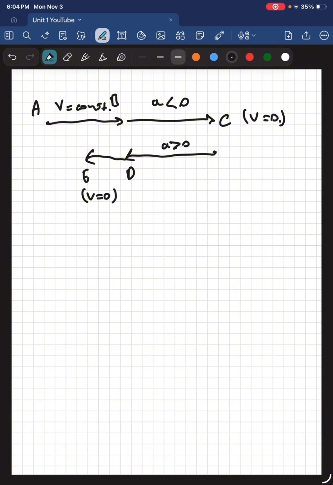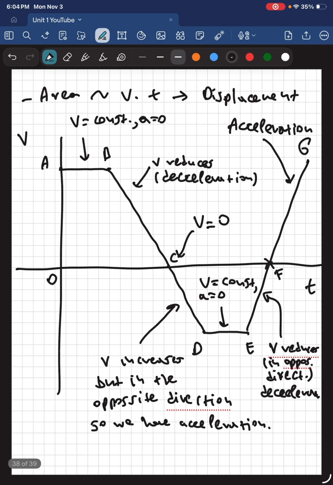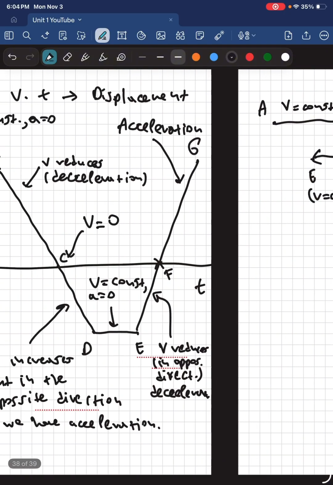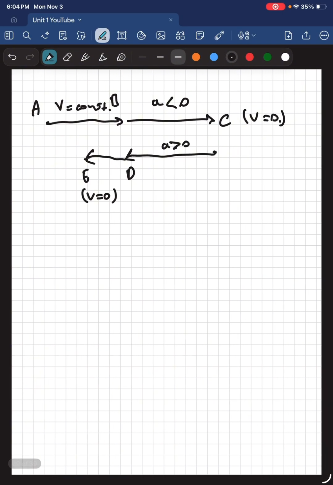And then it moves now forward to point, actually it's forward, so I made a mistake in my notes. Okay, let's go back. Sorry. So from E to F, what's going on there?